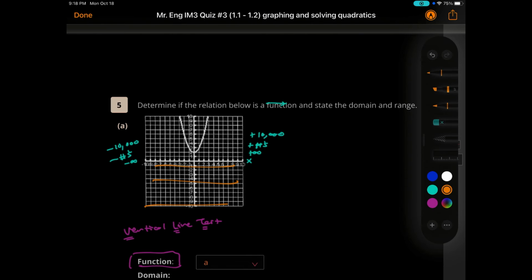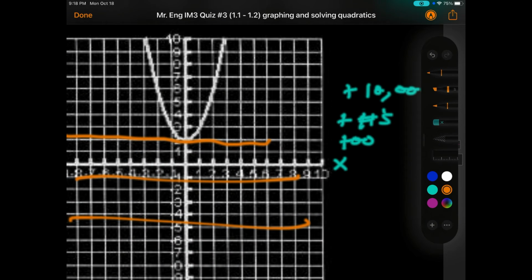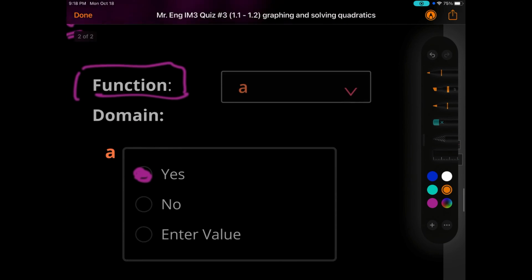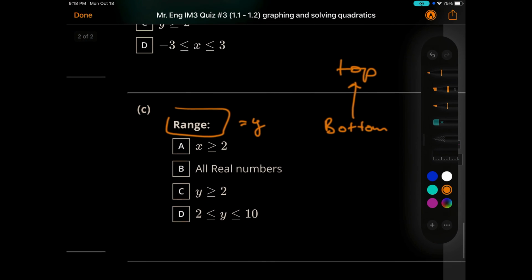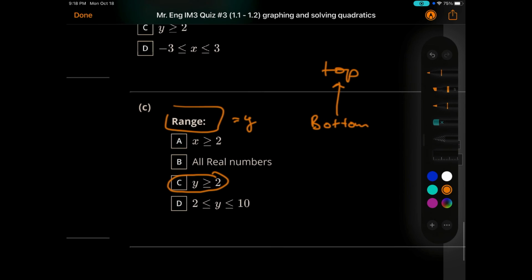Nothing, nothing, nothing. Okay, it starts right there, which is a 2. And notice how the graph keeps going, and you have the arrows, which means it's numbers that are bigger than 2, or what we say in inequalities, the y-axis, numbers that are greater than 2. y is greater than or equal to 2. And that would be choice C is your answer.